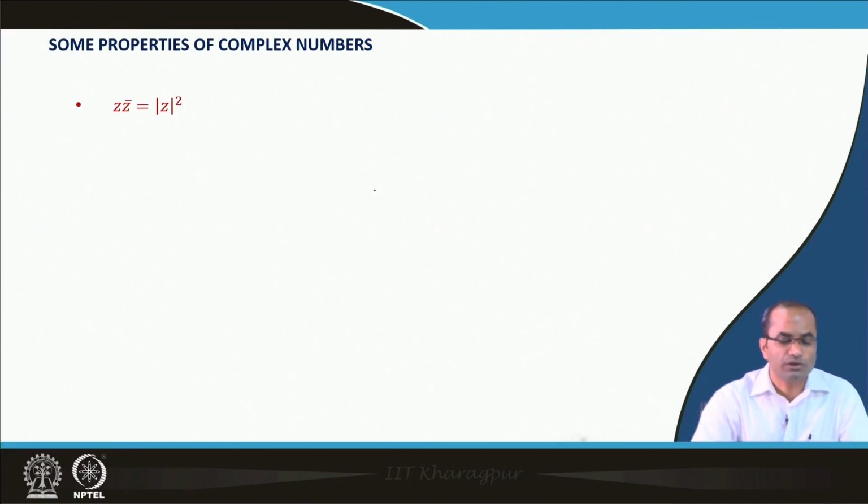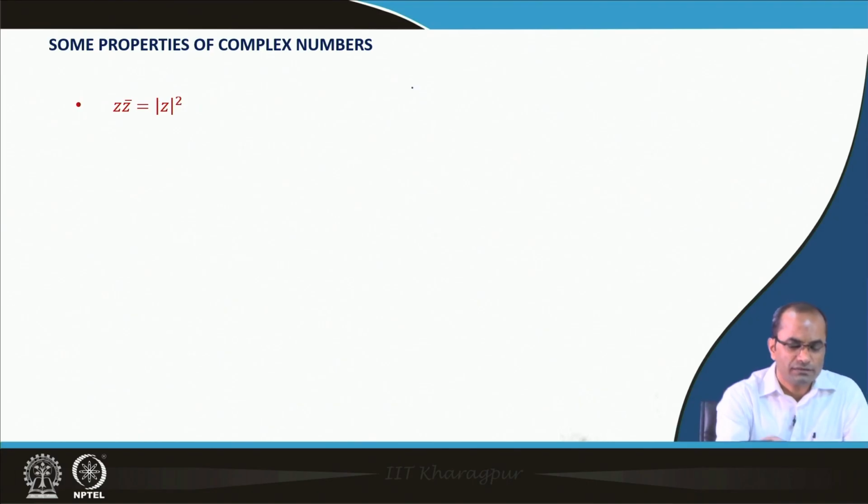Again, this is to recall, because many of these properties were already discussed when we began to learn complex numbers. Here we have a very nice, important property: z times its conjugate z bar is equal to the absolute value of z squared.